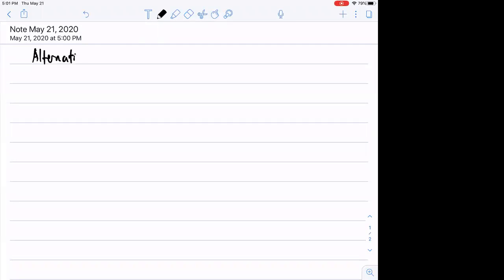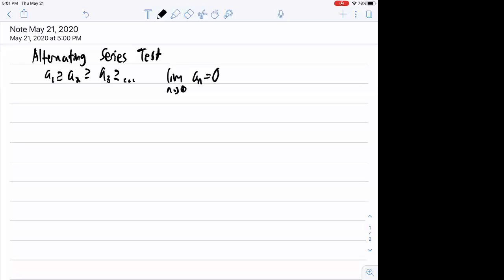Alternating series test: you check that your sequence a_n is decreasing, and the limit as n goes to infinity of a_n is 0, and these are all positive, greater than 0 for all n. Then the sum of a_n times (-1) to the n converges. That's pretty much the alternating series test.